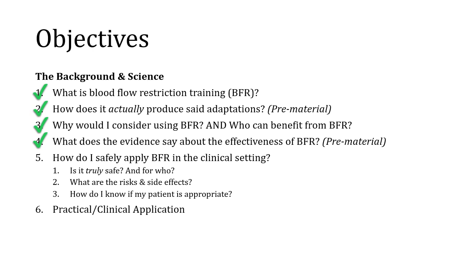We've talked about that. And what does the evidence say about the effectiveness of BFR? This was in part 1 predominantly. How do I safely apply BFR was the focus of part 2 of 3. And we had our sub questions of, is it truly safe and for whom, and what are the risks and side effects? And then the clinical application was a combination of both part 2 and part 3.